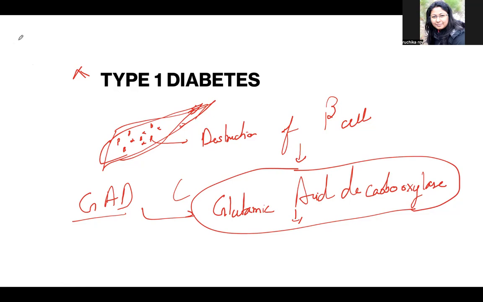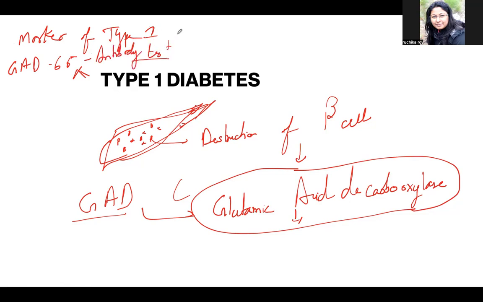It is basically a marker of type 1 diabetes: the GAD 65 antibody test.